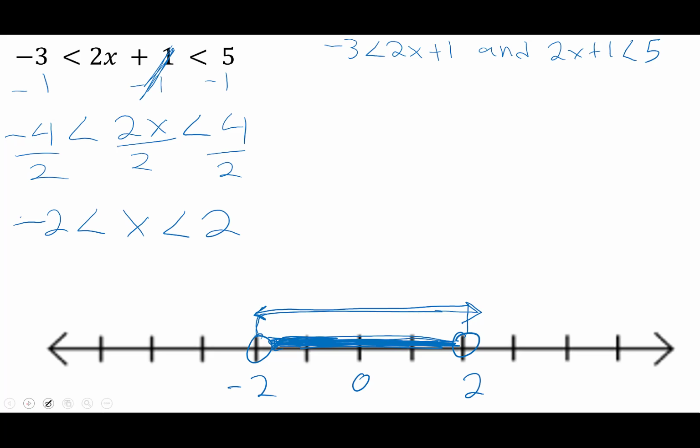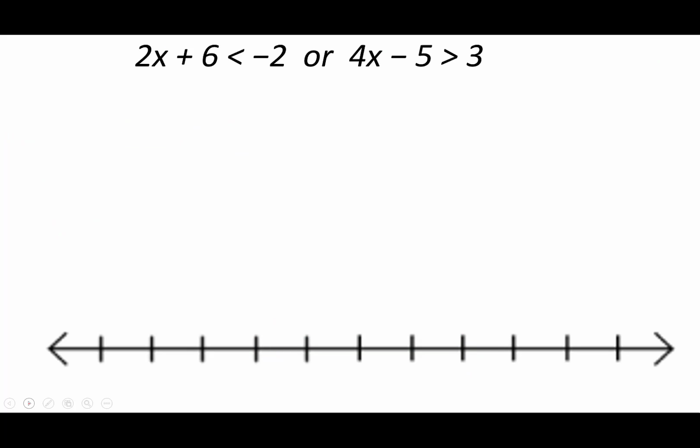All right, we're going to look at one last one for today, and this is another or. So again, I've got two inequalities. I'm going to work them out. Always undo addition and subtraction first. So 2x less than, -2 minus 6 is -8. Divide by 2.